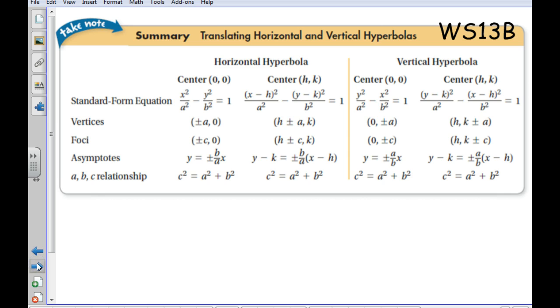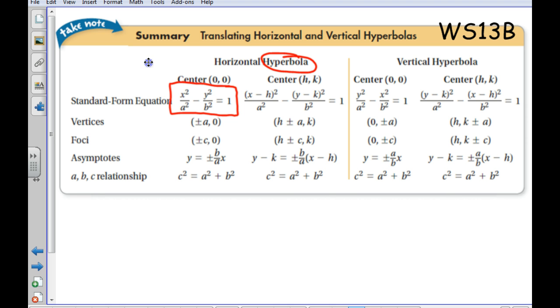All right. The second page, 13B, the second side, introduces hyperbolas. Here was the basic hyperbola that started with an x squared. Therefore, it was opening, show me with your hands.